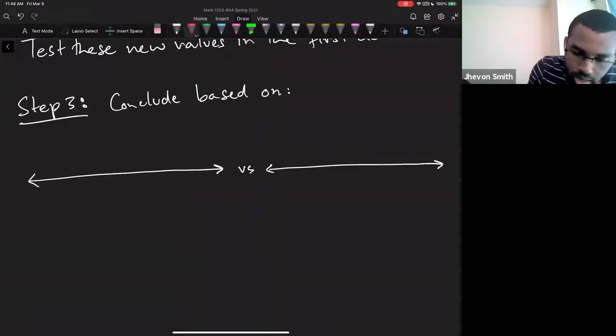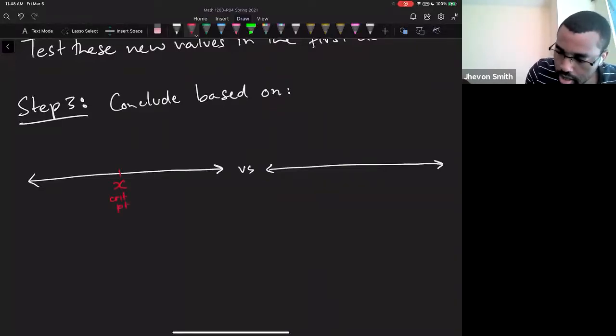So let's say here I have a critical point. And here I have a critical point. So like I said, we're going to pick a random number over here, x0. Pick a random number over here, x1.